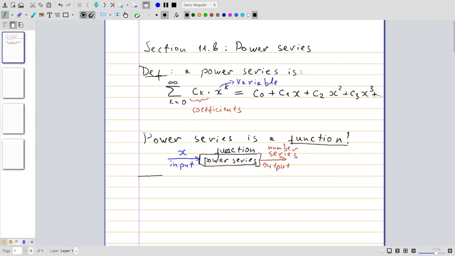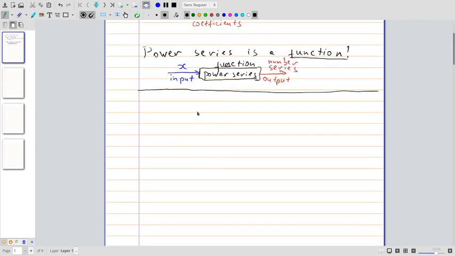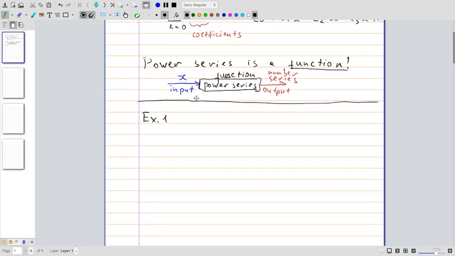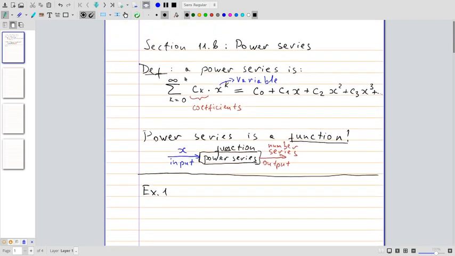Let me give you an example. In the general expression for the power series, let us say that all the ck's are equal to 1, starting from the very first ck. All of them are just ones.